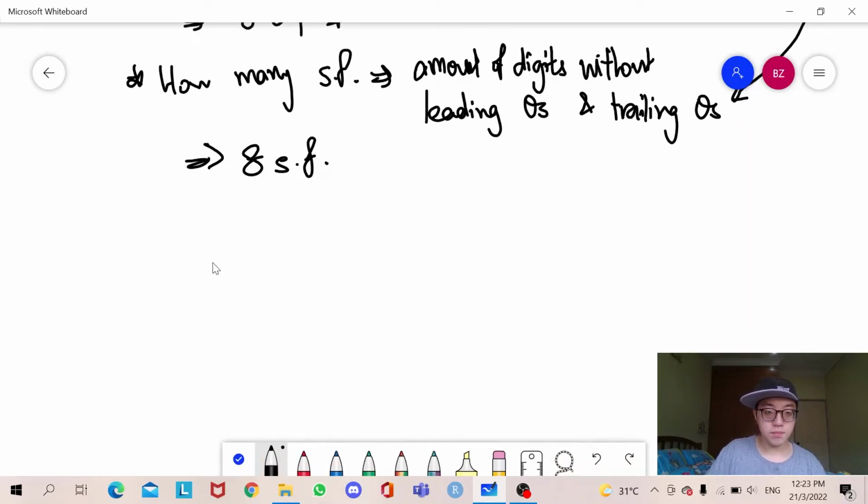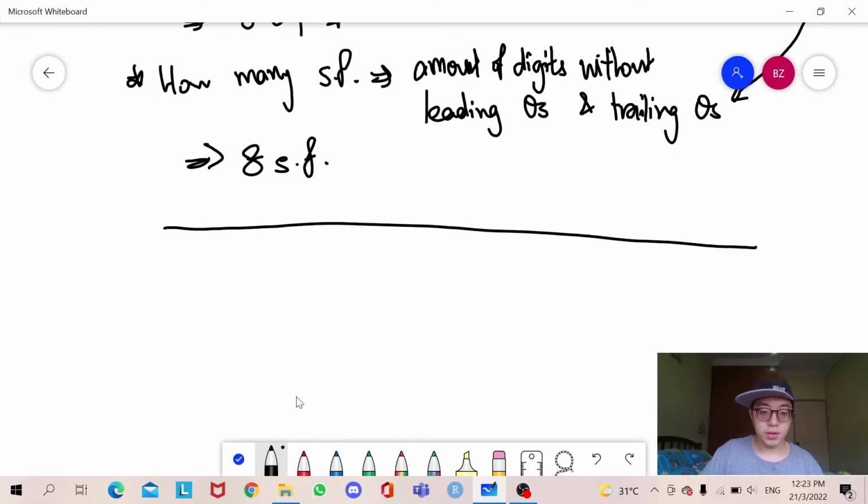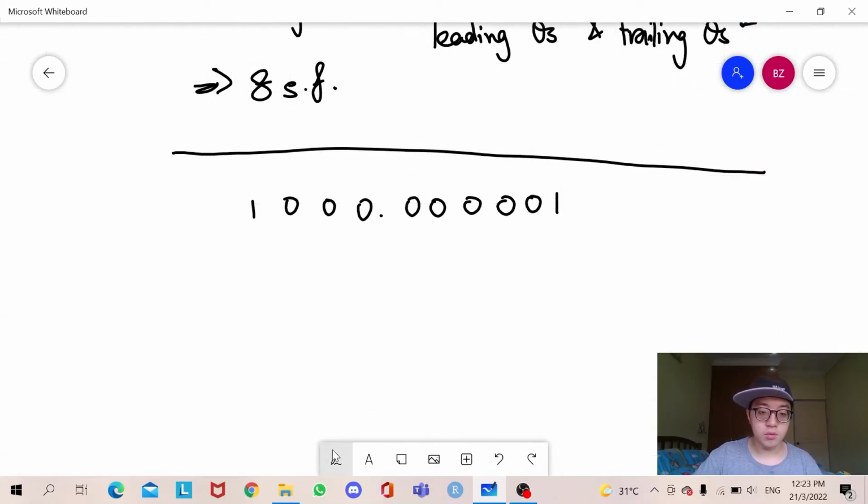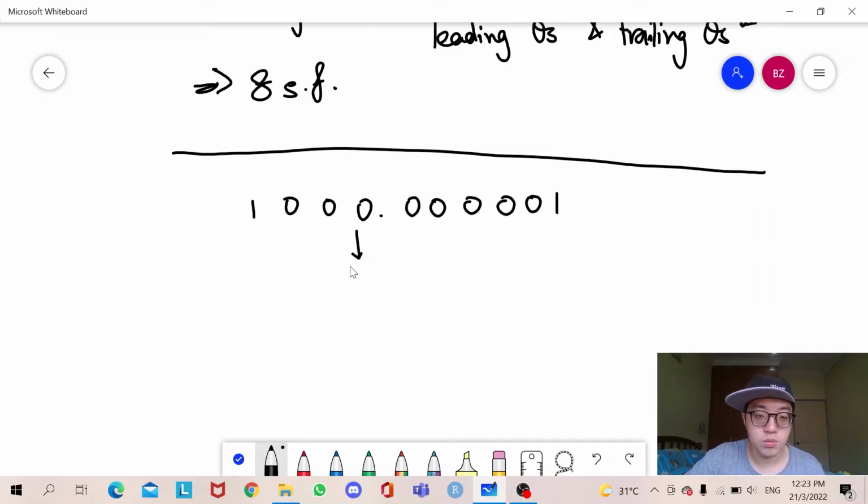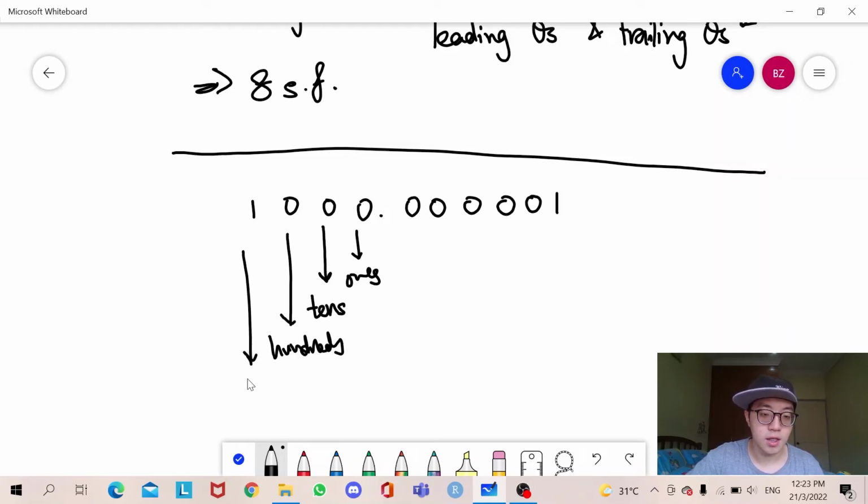So this is about decimal places and significant figures, and I'm going to talk a little bit more about decimal places. From here we have, let's say, 0.000001. I believe that you know all the names for this. This is ones, this is tens, this is hundreds, and this is thousands, and so on.